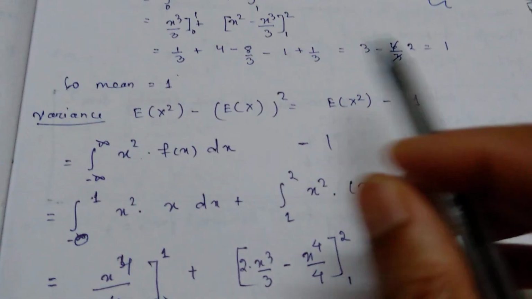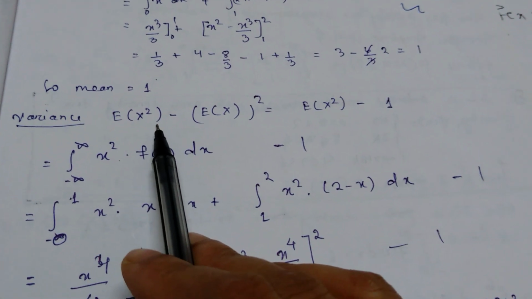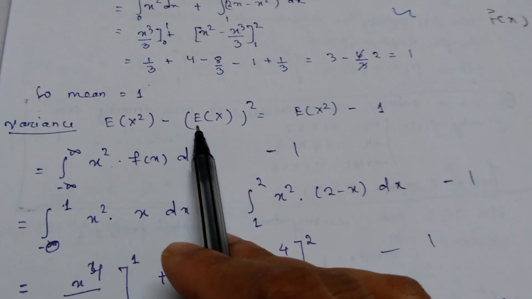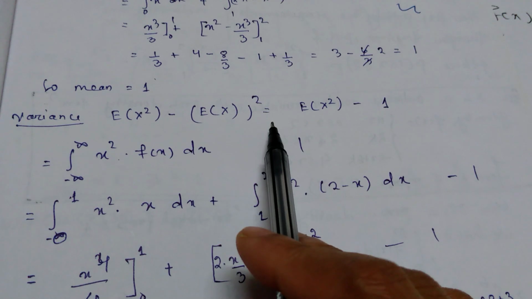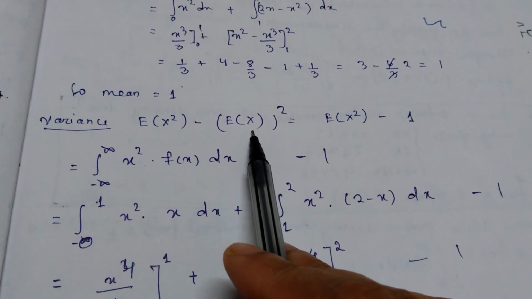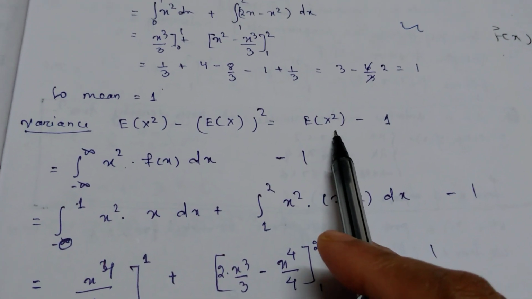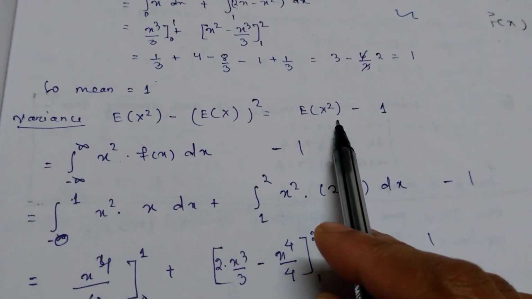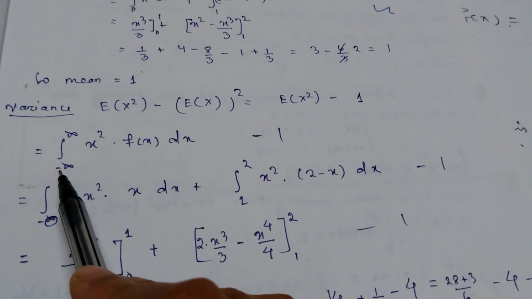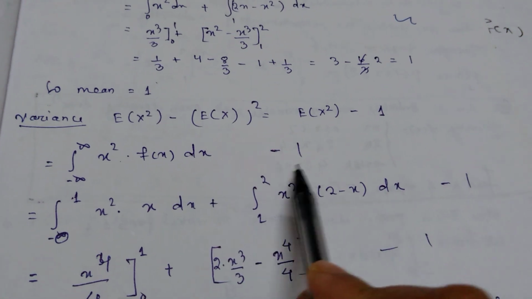And for variance, the formula is expectation of x square minus e of x whole square. E of x is your mean or expectation that you have already evaluated as 1, and this value you have to calculate. So just put minus infinity to plus infinity x square into f of x dx minus 1.